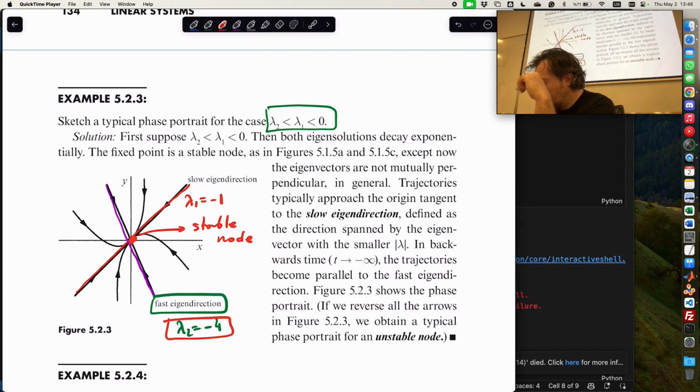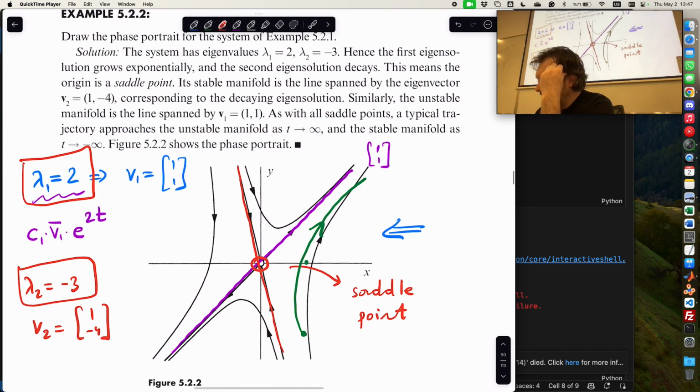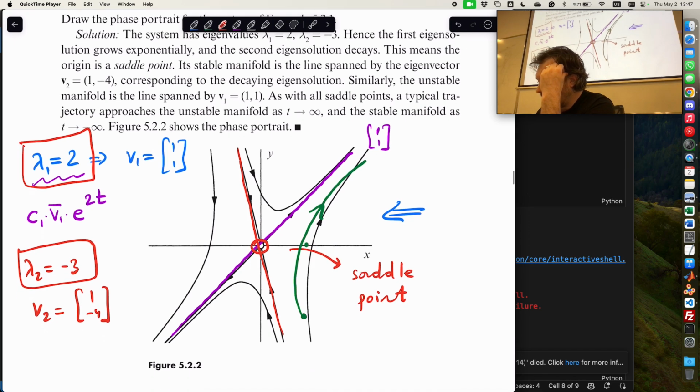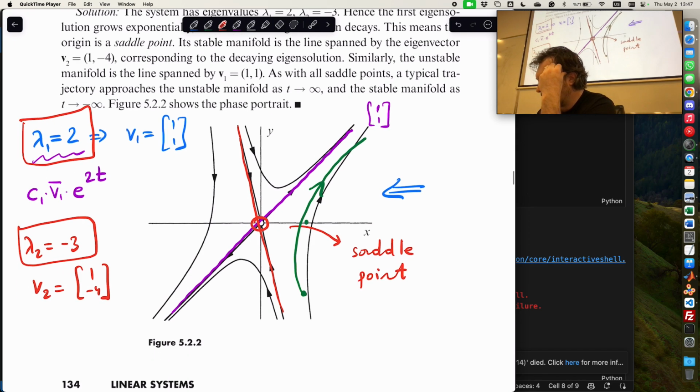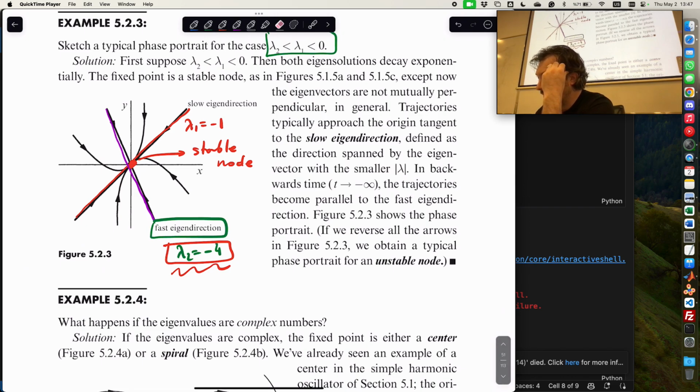Okay. Are you saying that because of this? Yes. Because one of them goes like e to the minus t and the other e to the minus 4t. I'm not sure. But at least here that was the case. Actually here it wasn't the case. So I don't think it is the case over here as well. They are both going with e to the minus t and e to the minus 4t. They are both going to 0.